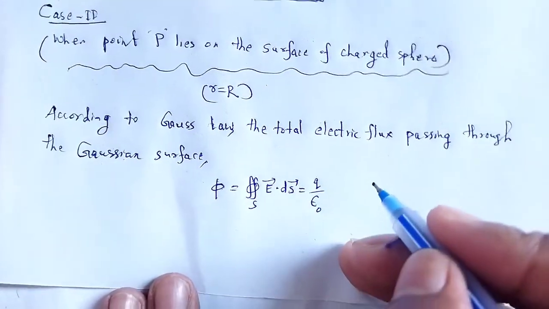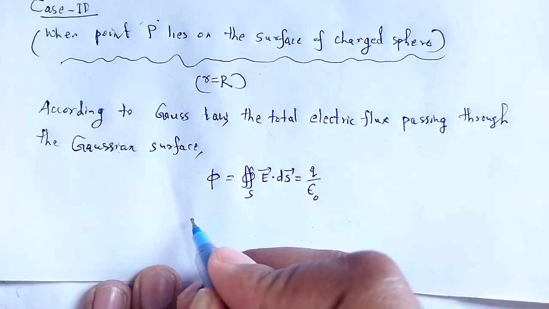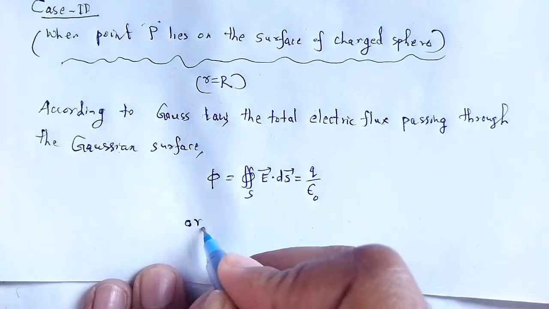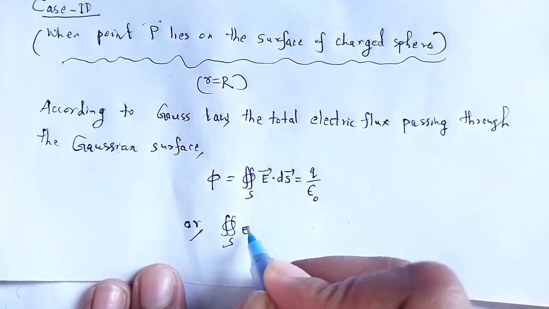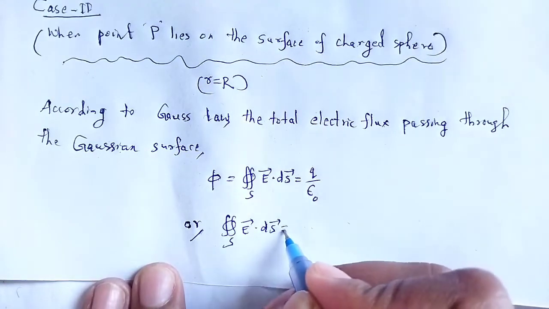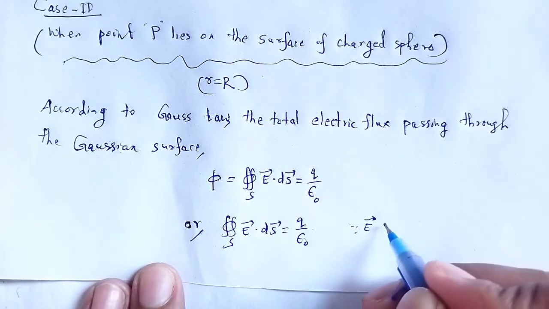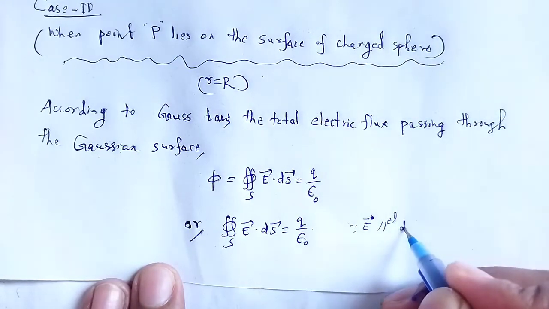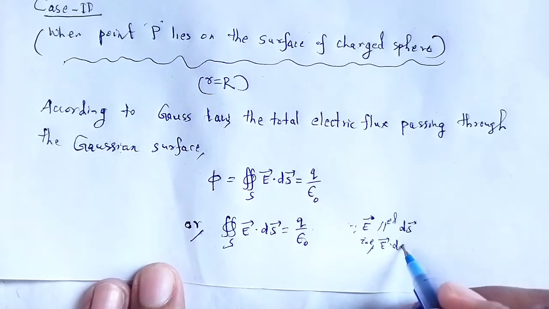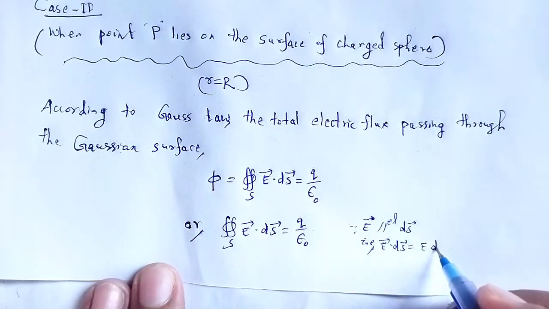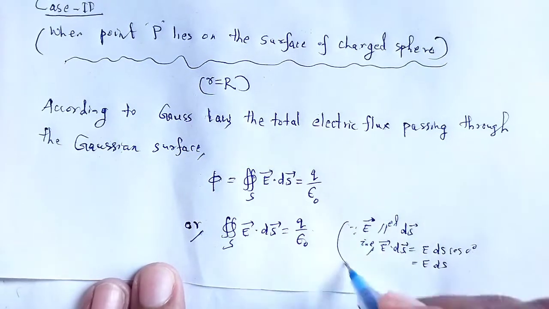Since E and ds vector are parallel, E dot ds is equal to E ds cos 0 degree, which is E ds.